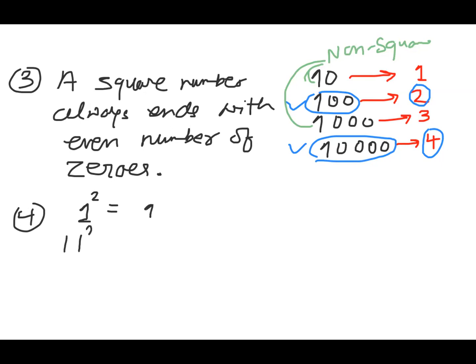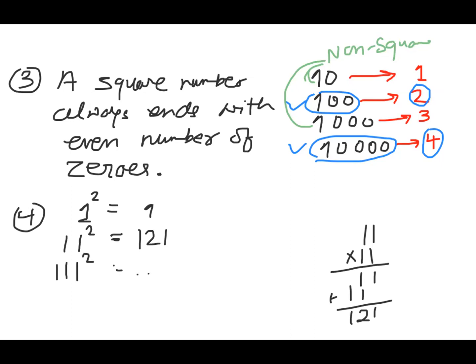Or let's say I have 11 squared. 11 multiplied by 11 gives us 121. So even if you have a number like this, the unit digit is going to be 1.